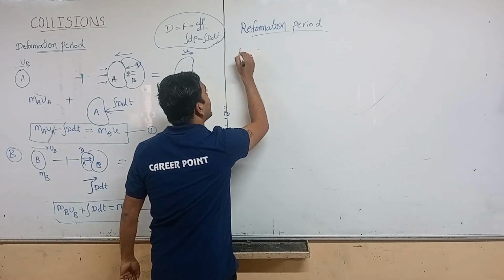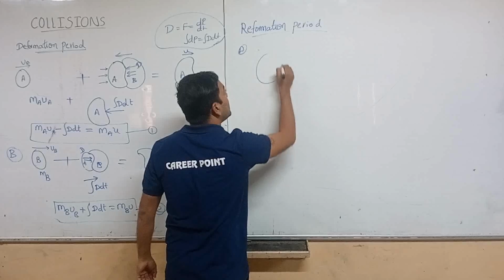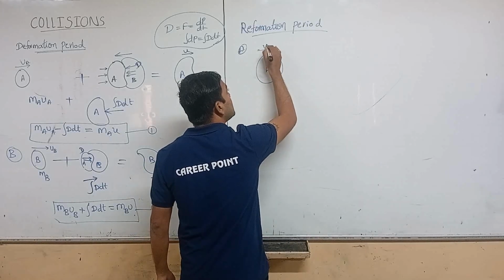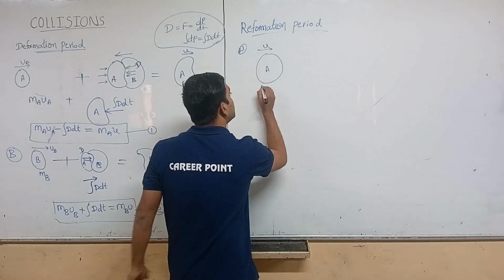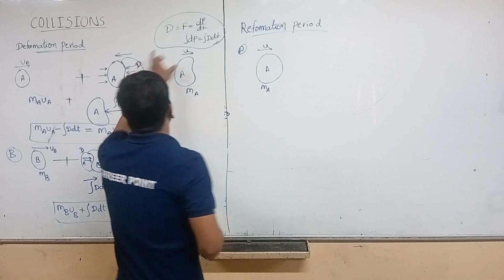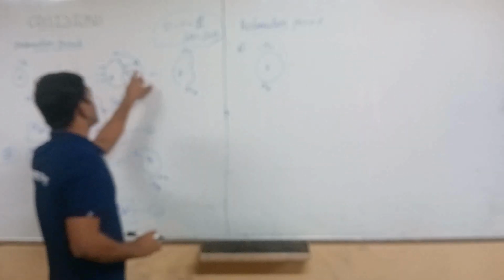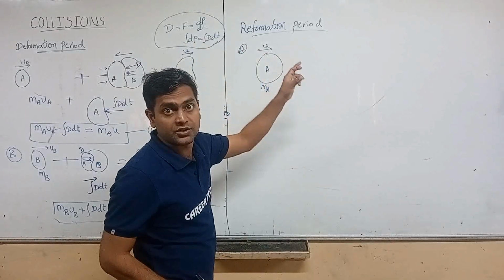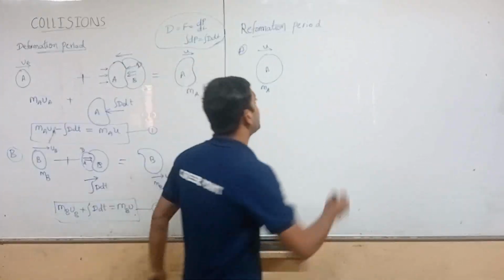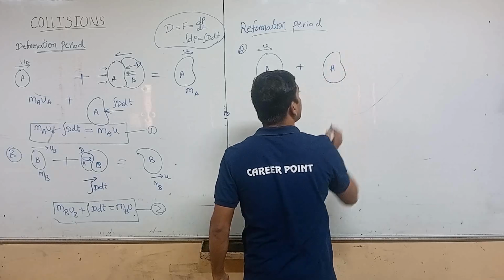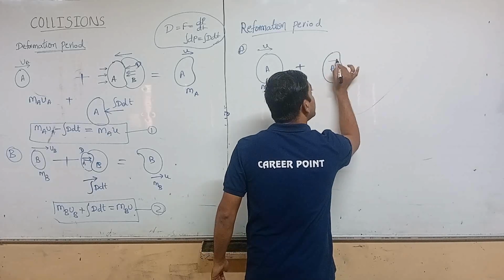So for object A, this is my A. This object is moving with a certain velocity U of A. Here we see the deformation force taking place. Now we'll see the restoring force of A. Then A is getting restored.